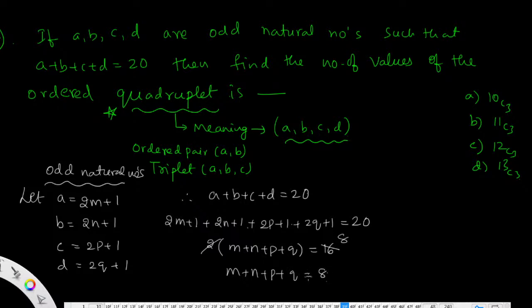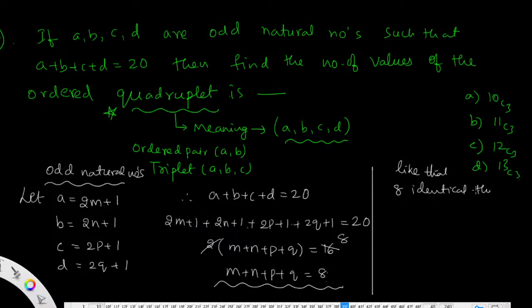So it is like distributing 8 identical things among 4 people.